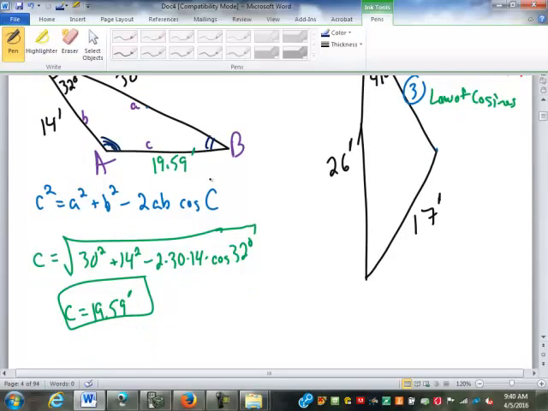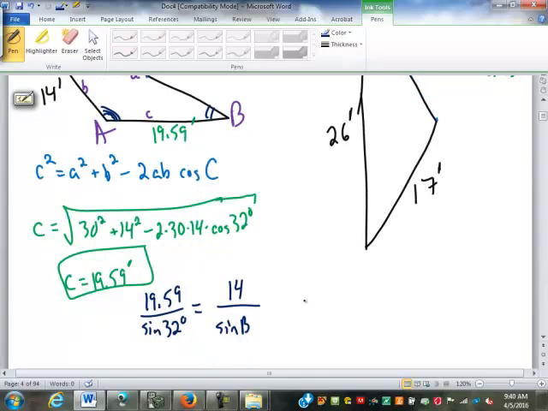But now we can use law of sines, now that we have the 19.59. So it's 19.59 over the sine of the 32 degrees. It's the side and its opposite angle. Equals, I'm going to find angle B here, so sine of B on the bottom. What goes on top? Its opposite side would be 14. So we are going to cross multiply and divide.